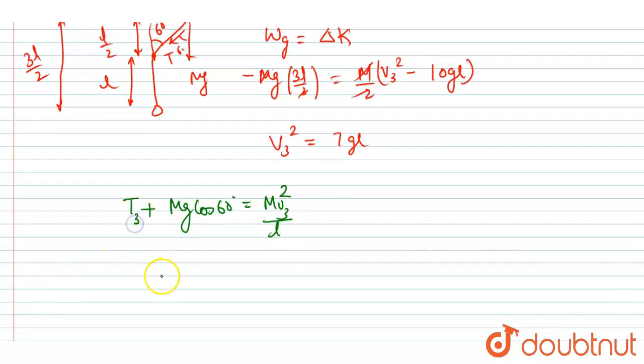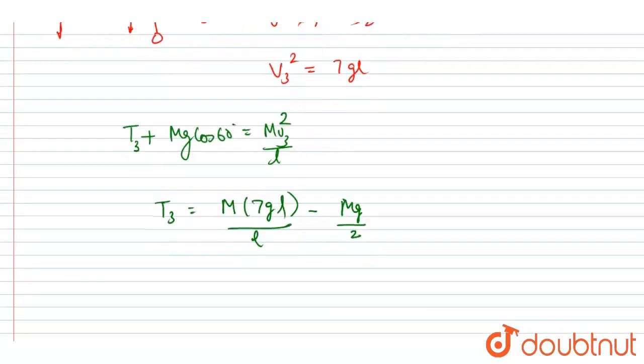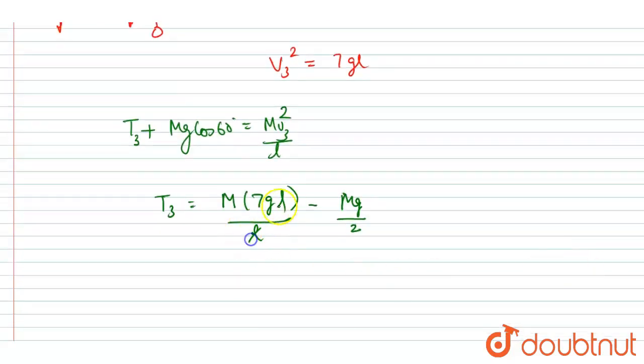Just put the value of v3 square and L. This is the T3. So you'll get T3 is equal to m v3 square by L minus mg cos theta. Cos 60 degree is half, and this L will get cancelled out.